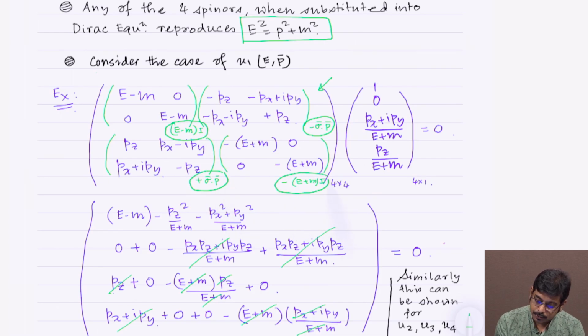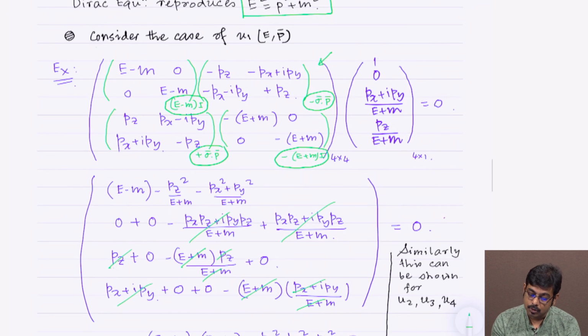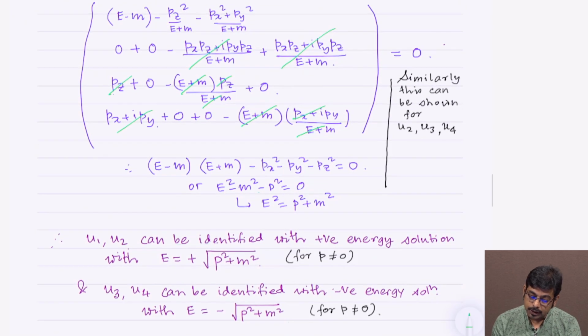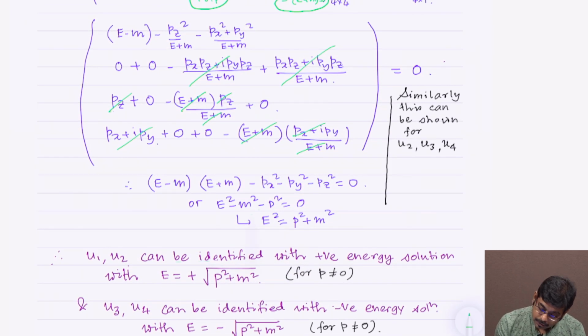Then I have a 4 cross 4 matrix on this side, which will be acting on this U1 4 component spinor, and then you do matrix multiplication and do this algebra to show that you essentially adhere to E square is equal to P square plus M square. So, this is in a way to validate that the solutions that we are getting make complete sense.